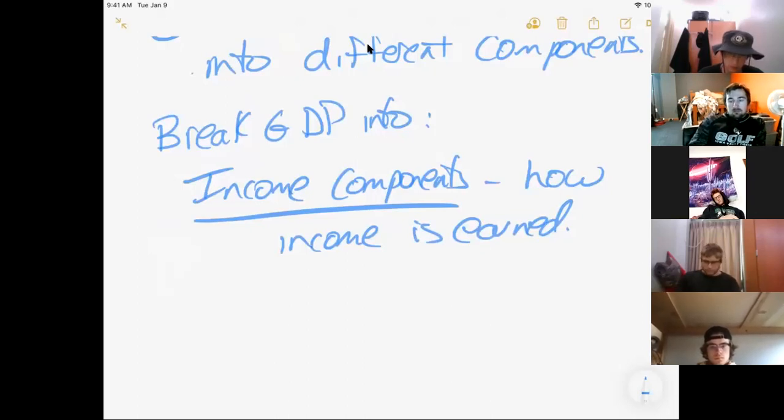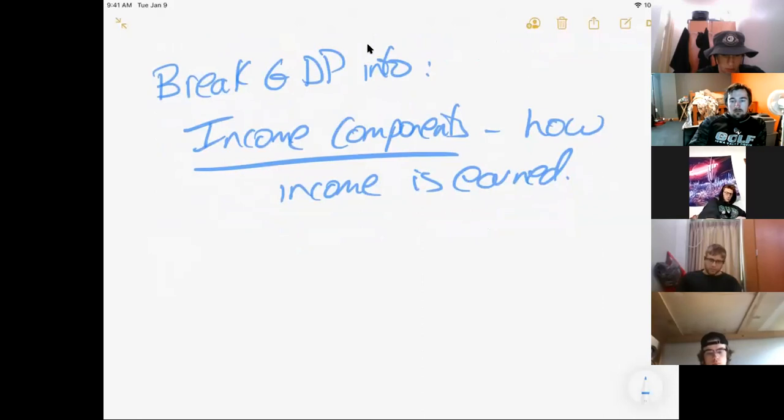Honestly, I'm not going to get into this very much, because in this class we're not going to find it extremely useful. Well, we will a couple of times, but it's not useful to get into the details. For instance, you can find how much income comes in salaries, how much in wages, how much is earned in terms of interest income. So you can break GDP based on the different income components. That is one way you can break down GDP.